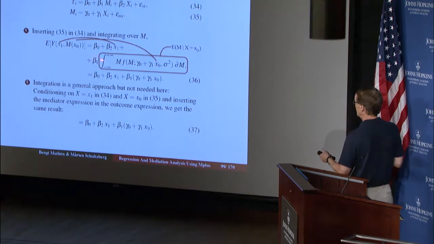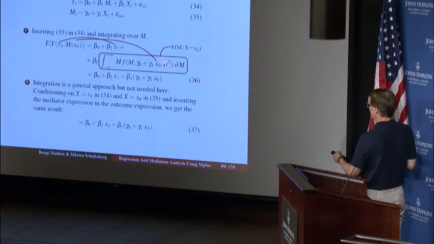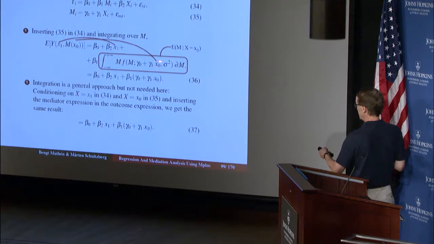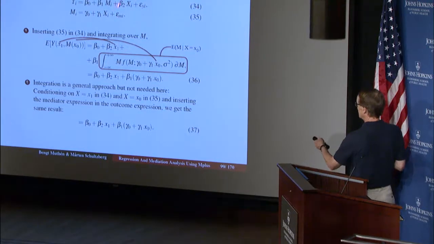The m part is where we want to integrate out m over the distribution of m given x. The distribution of m given x at x equals 0, so x0 comes in there, whereas x1 comes in here. So x1 comes into the first equation, and x0 comes into the second equation.